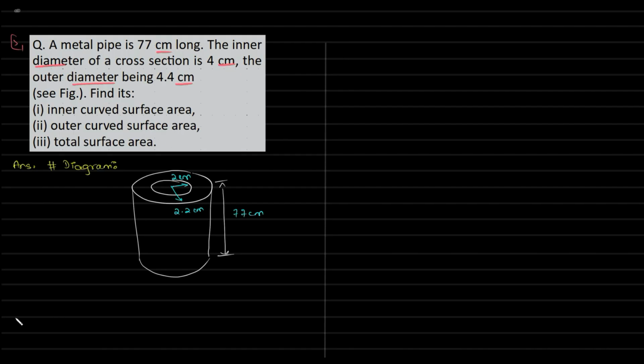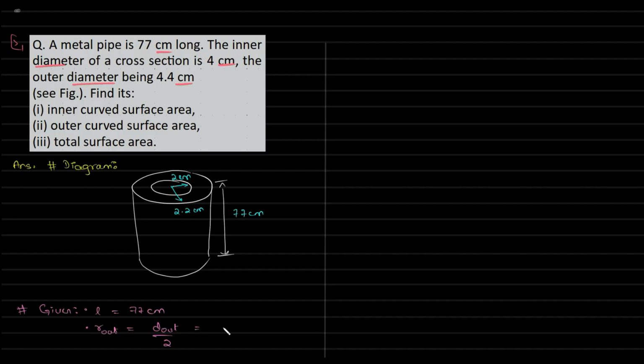So let's begin by looking into the given. We are looking at length, which is 77 centimeter. We don't need to convert anything, so we just directly copy it. Radius of outer is diameter of outer by 2.